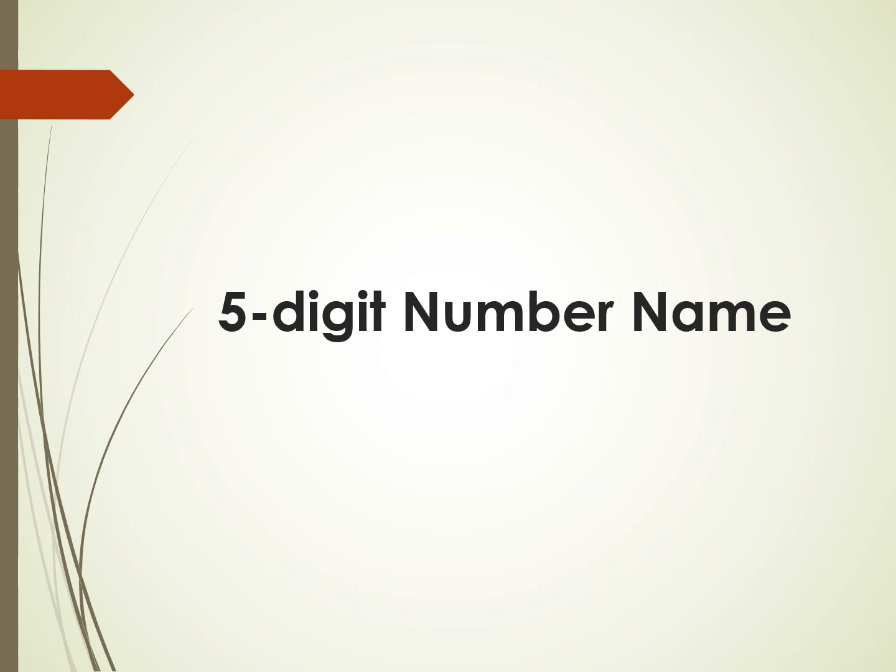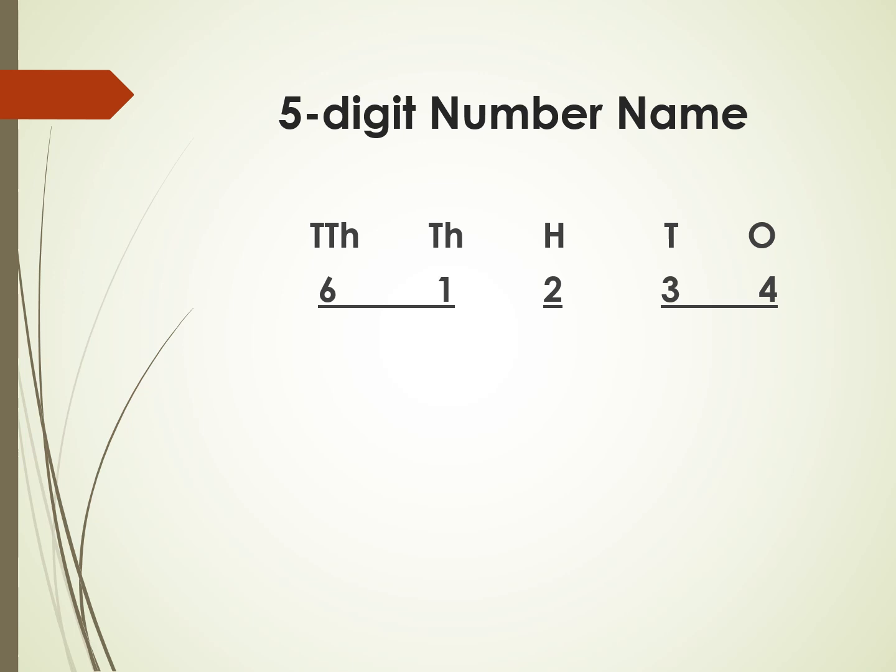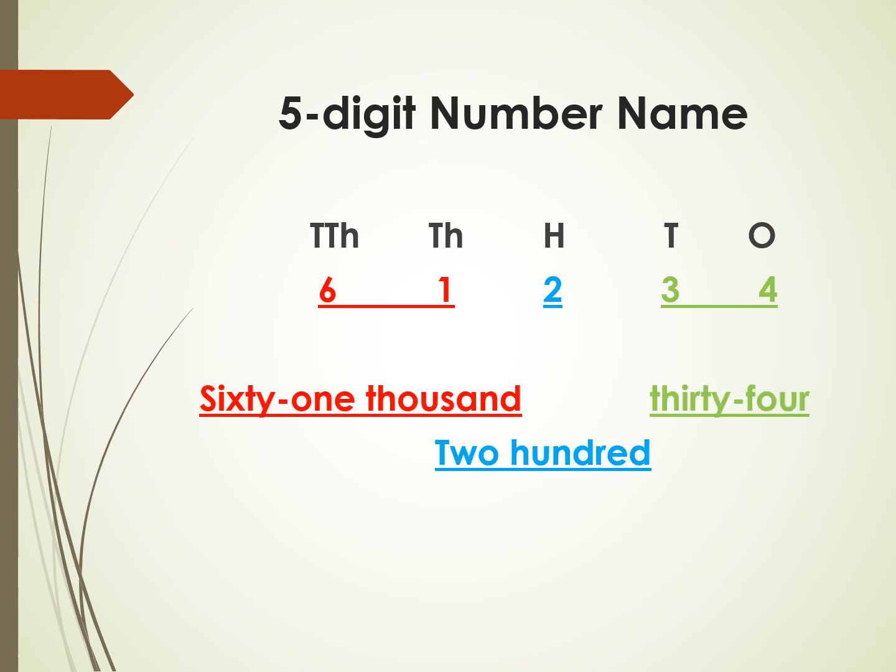Let's name these 5-digit numbers. Here we take an example. In case of 5-digit numbers, tens and ones are again named collectively, hundreds column is named separately, and the 1000 and 10,000 numbers are also named collectively, which means the 10,000 and the thousands number will be named as 61,000.